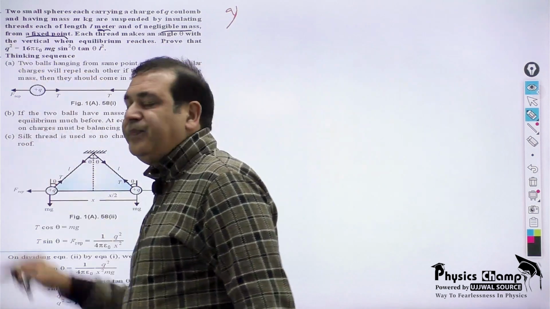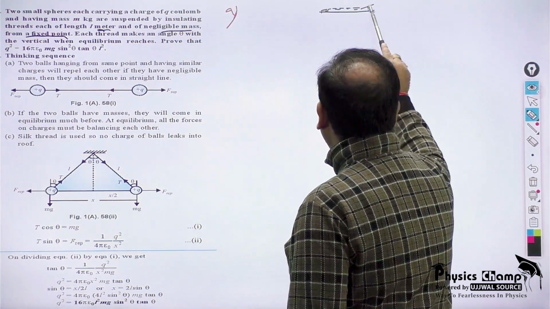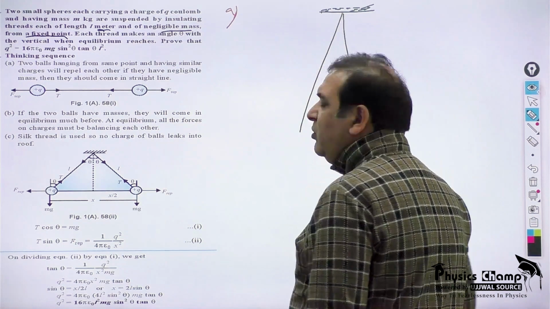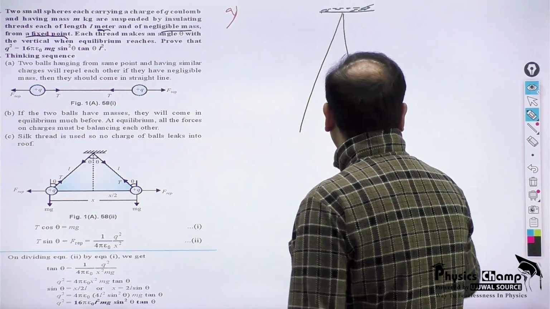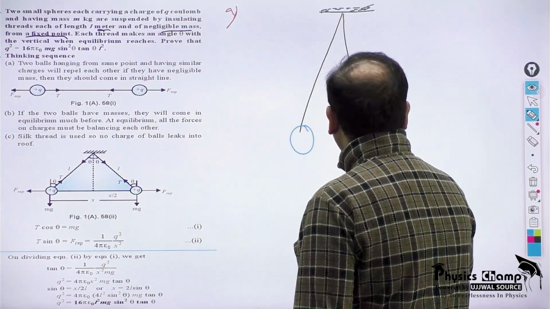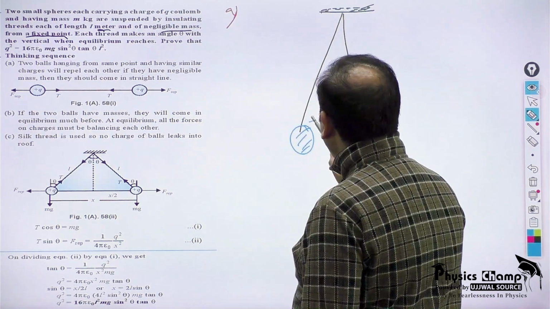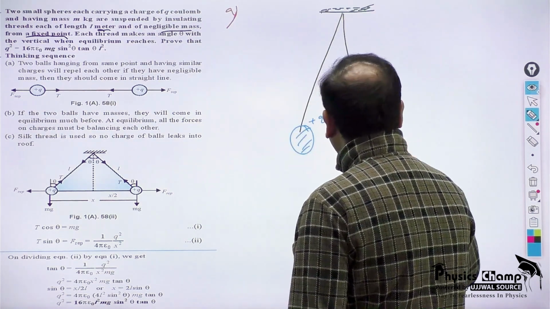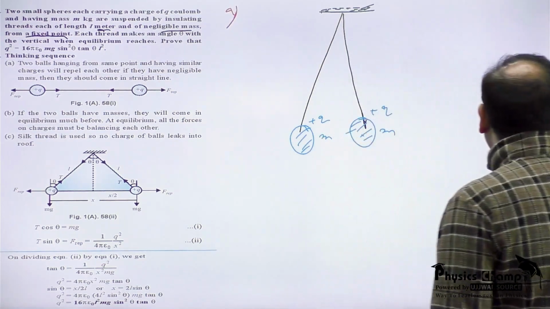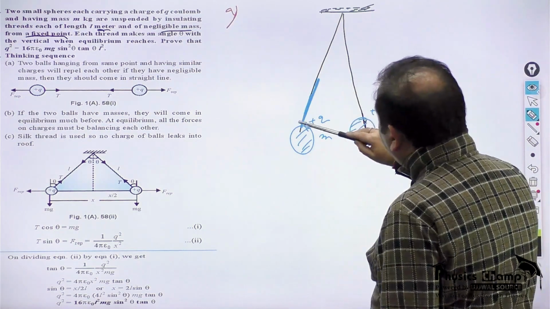So the situation provided here is, just imagine an arrangement where two insulating threads have two balls suspended at the end of them, and the balls are carrying charge q each, and the balls have mass m each, where the threads through which they are suspended are insulating.